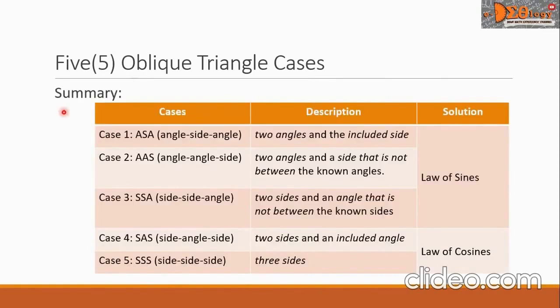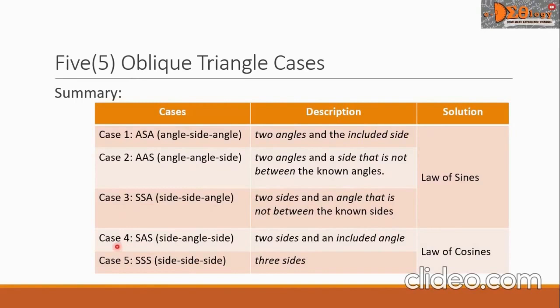Here is the summary of the 5 oblique triangle cases. Case 1 is ASA, where two angles and the included side are given. Case 2 is AAS, where two angles and a side that is not between the known angles are given. Case 3 is SSA, where two sides and an angle that is not between the known sides are given.